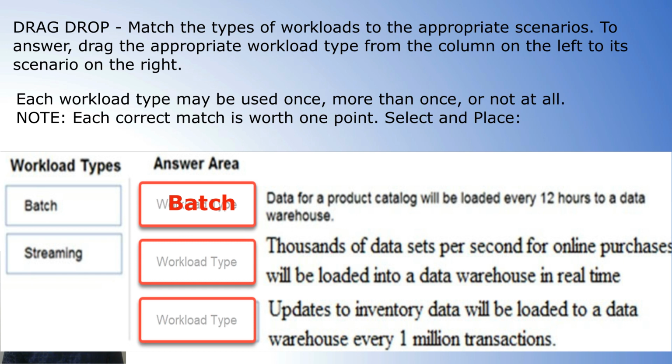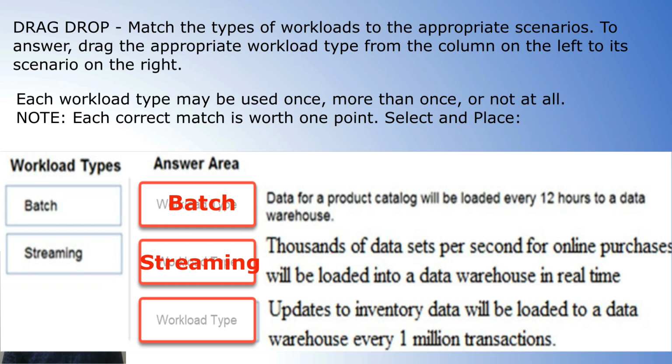In the second description, data will be loaded into a data warehouse in real time. So, this description will match with streaming, because stream processing is a big data technology that allows us to process data in real time as it arrives and detect conditions within a small period of time from the point of receiving the data.